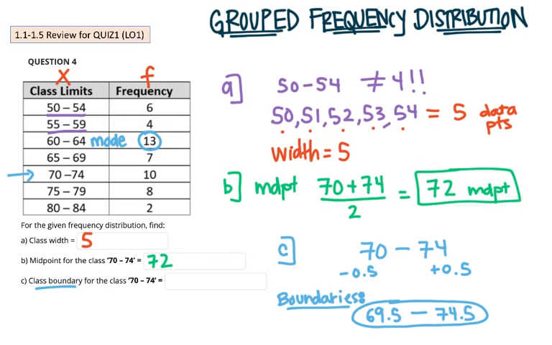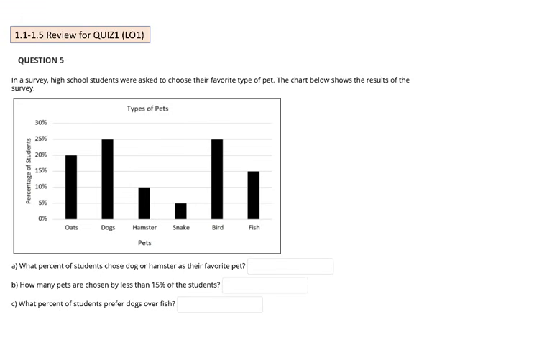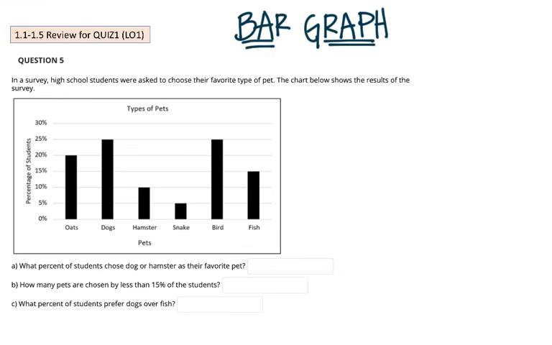Okay, here is a question where they're wanting us to answer questions about a bar graph. So before I look at the questions, let me just look down and see what it's saying. Types of pets. I don't know what oats means. I'm going to have to say that must mean goats, but I don't know.